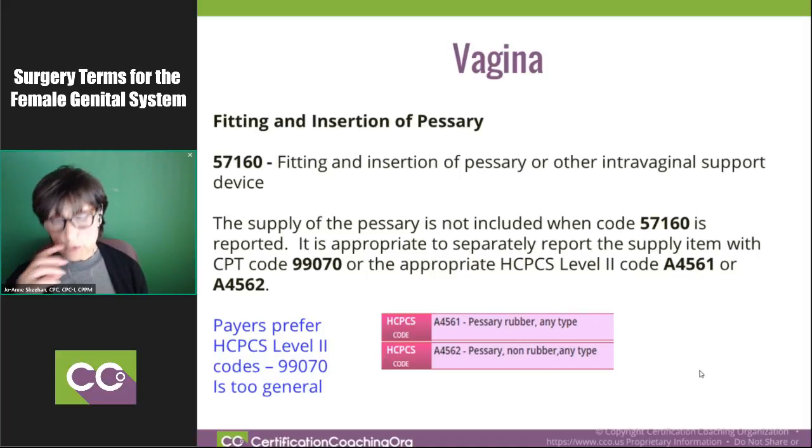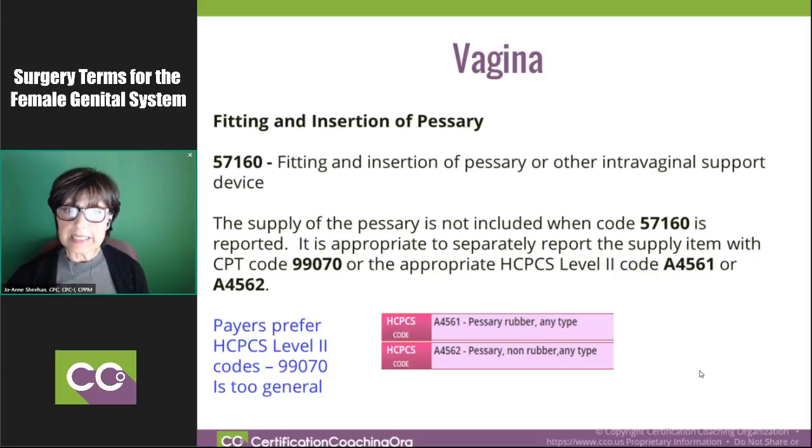Now, according to CPT, they're saying that it is appropriate to report the supply item with CPT code 99070 or the HCPCS codes that you see here. I will say that the majority of payers that I have worked with prefer the HCPCS code for the pessary, even private payers.